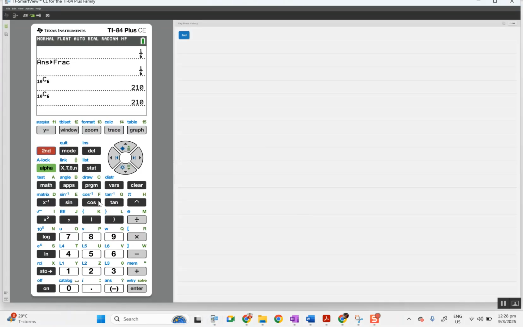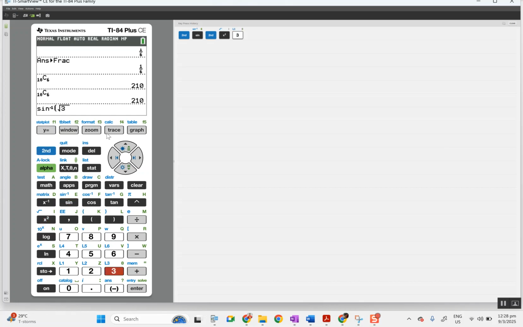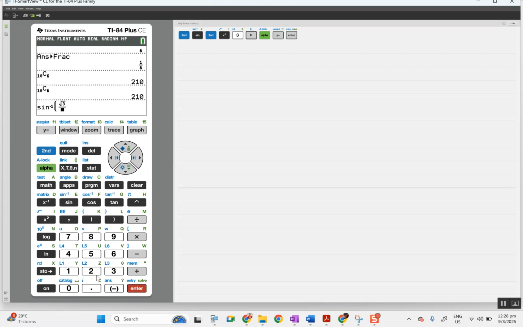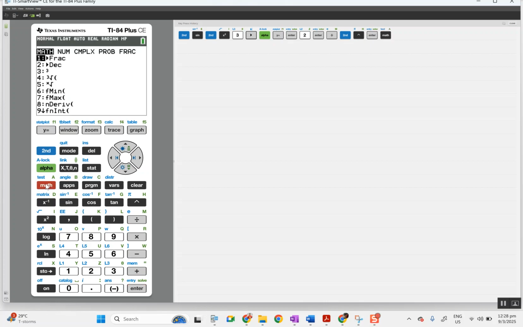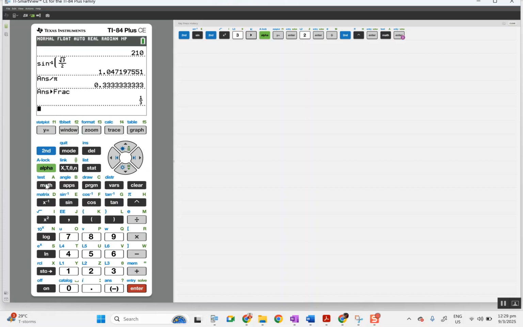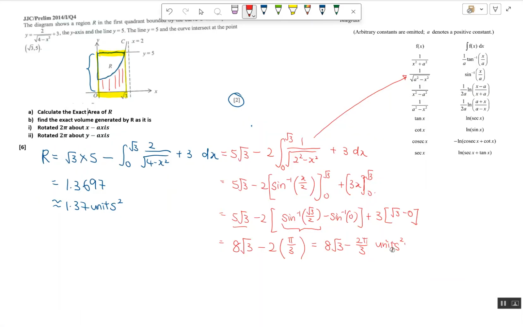So this is sine inverse square root 3 over 2. Okay, I press enter, I will get this. I divide the answer by pi. I will get 0.333, and at this point you should know that 0.333 is 1/3. If not, you press math, enter, enter, you will get 1/3, and this is how I get pi over 3.